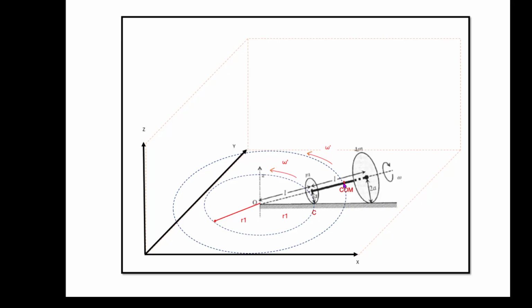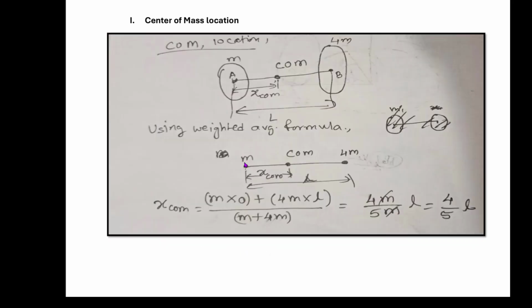Somewhere on this rod the center of mass will lie. First we will calculate this center of mass. Then we want the angular speed with which the center of mass rotates around this z axis. When this assembly starts rotating, this omega speed will make it revolve around the z axis, and that rotational speed is what they are asking for. Now let us go step by step.